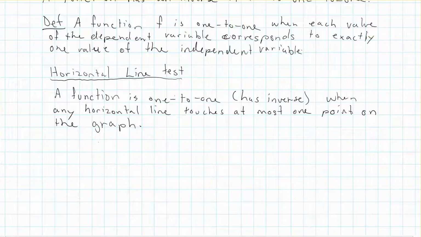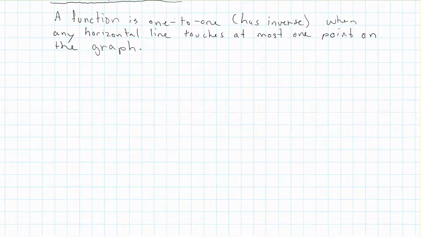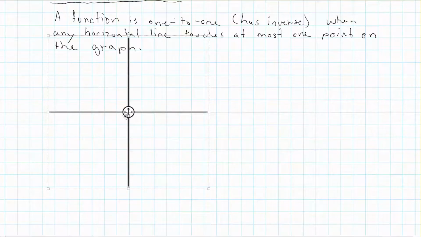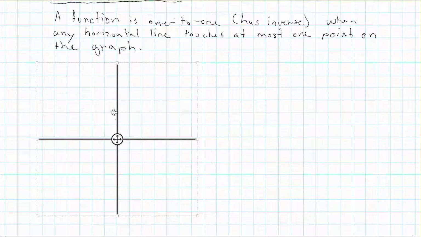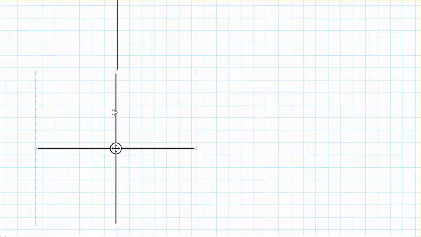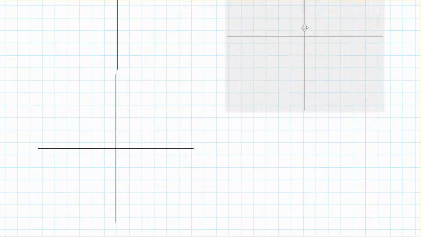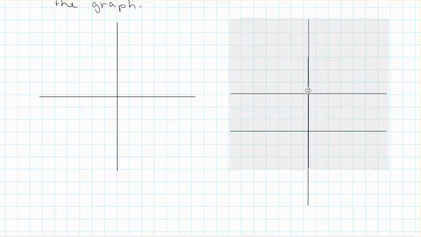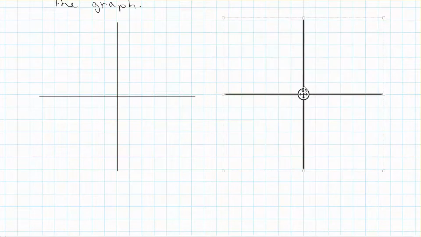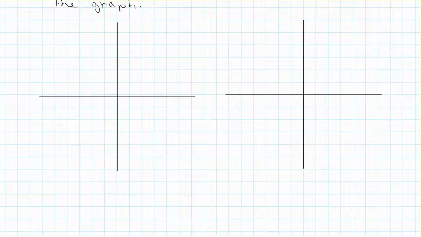So let's look at two quick examples here of functions that are 1 to 1 and then aren't 1 to 1. Okay, so let's look at x cubed minus 1.